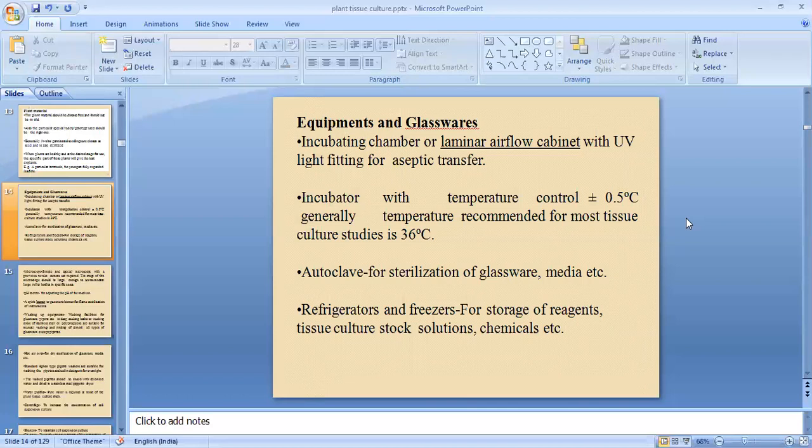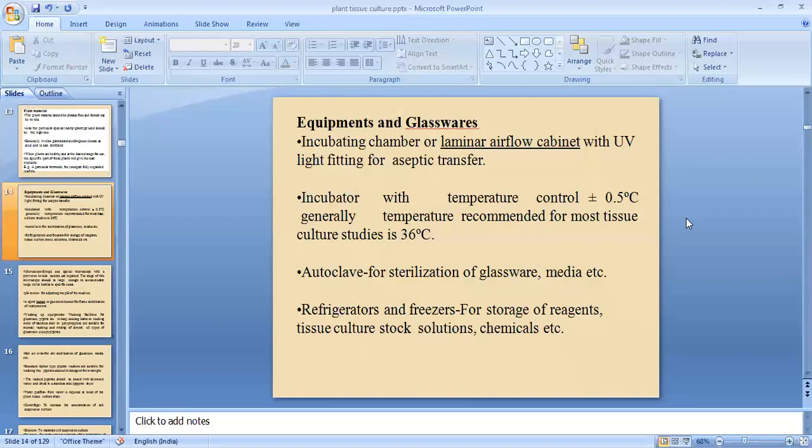And you also require an autoclave for sterilizing the glassware and the media, that is moist heat sterilization, whereas for dry heat sterilization of glassware and other things, sometimes you might be using the hot air oven, that is nothing but dry heat sterilization.